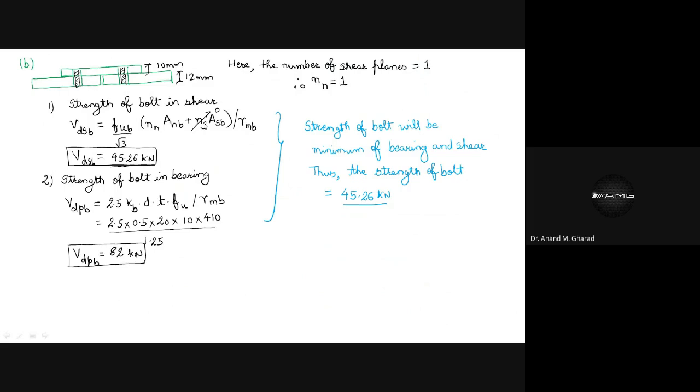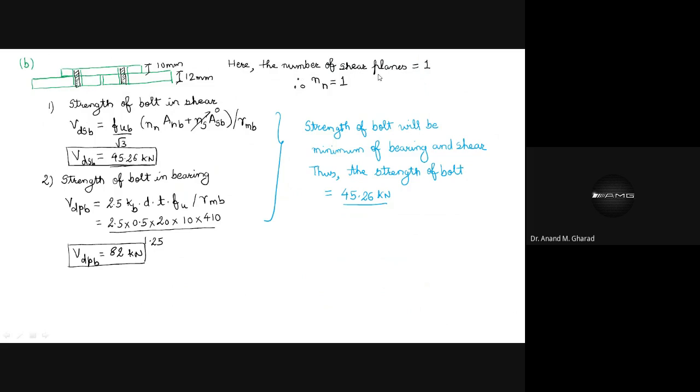Then the value will be some value. And Ns is nothing but the reverse of that, so there are no threads. Such a situation is not there in our case, because we are considering that the threaded portion is quite long and sufficient, so that whatever shear plane is there will consist of the threaded portion, and hence the Nn value is 1, Ns will be 0.